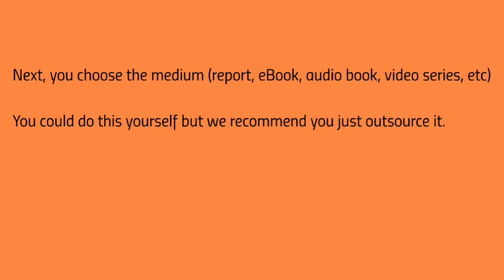You can even look at the negative reviews and see what people are complaining about, as far as this book or report or course not containing something. You can simply take that and put it into your product.